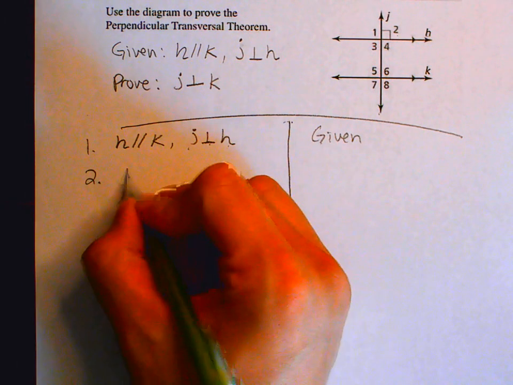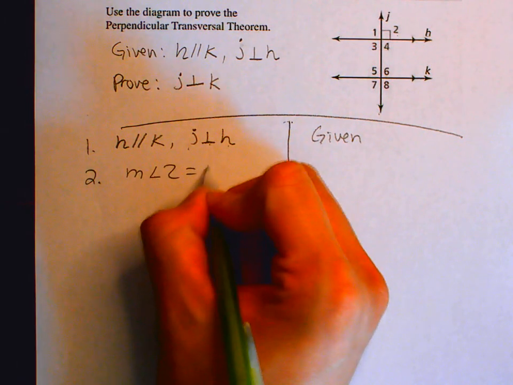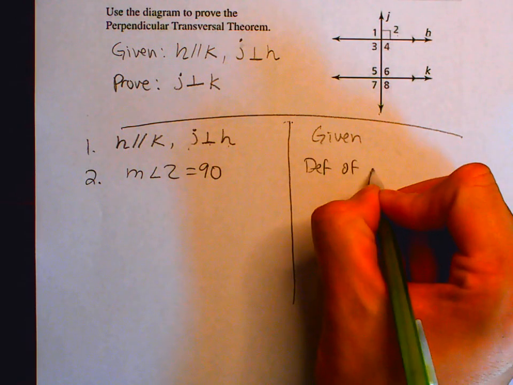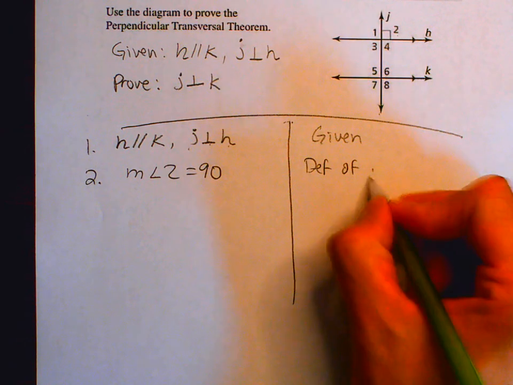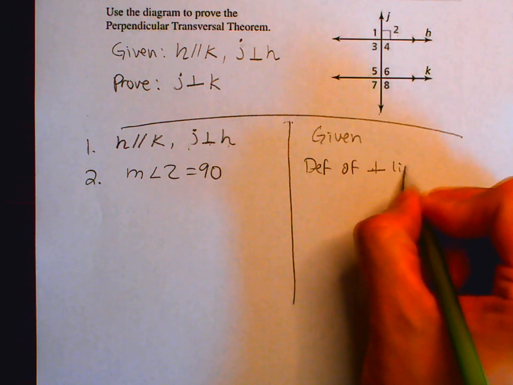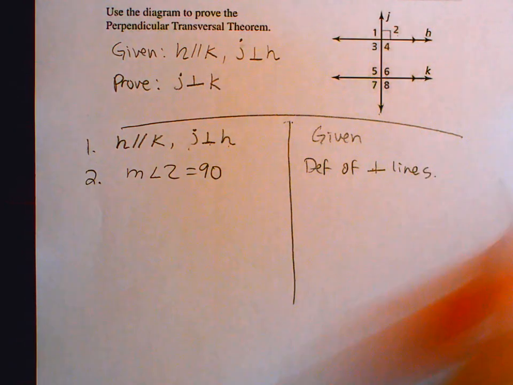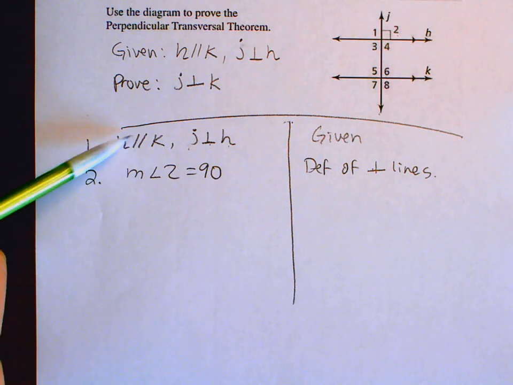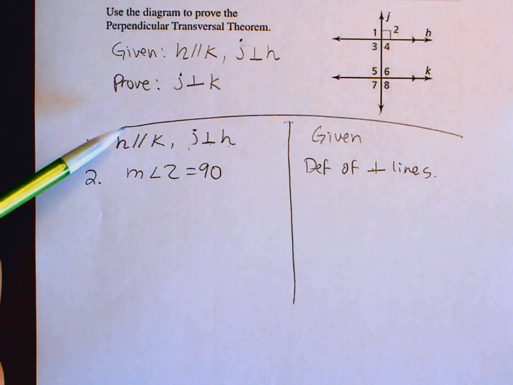Okay, so the measure of angle 2 equals 90 degrees. And that's just simply the definition of a perpendicular line. Definition of perpendicular lines.